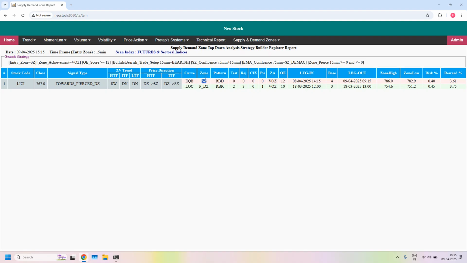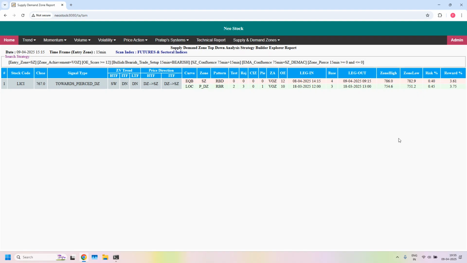That way this stock might be having more probability to get success. But you should not forget the daily trend is sideways. See, it works. If the daily trend is also downtrend, it is even more powerful. That is what I am trying to say. But as per the strategy, this is okay.